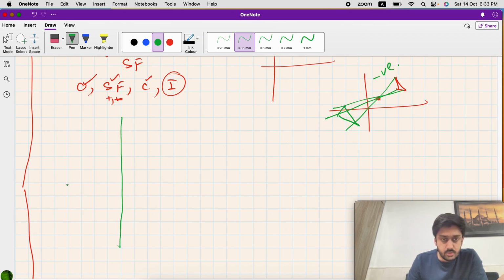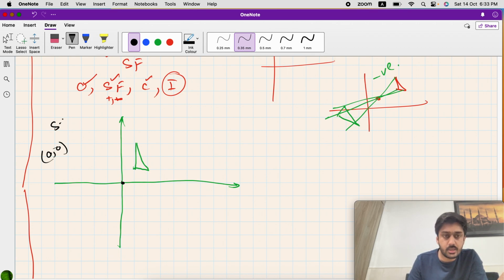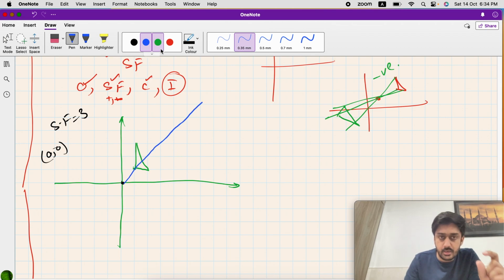Let's try and draw a neat question. For example, you are given this object and the center of enlargement is the origin (0, 0), and the scale factor is 3. So we can see this is positive 3. Join every point with this and extend the line. It is very easy with a compass and on paper.